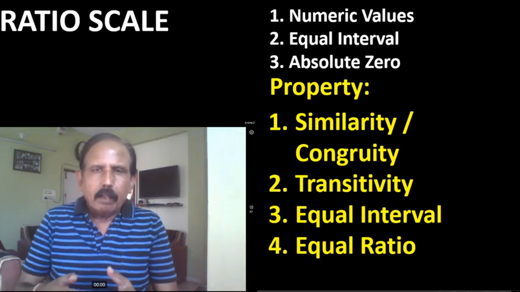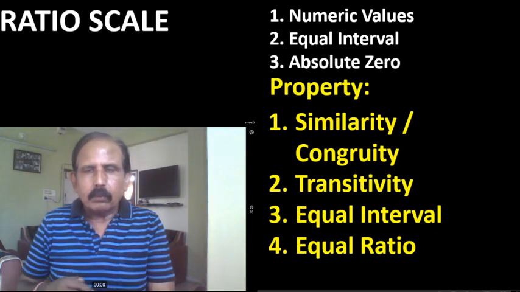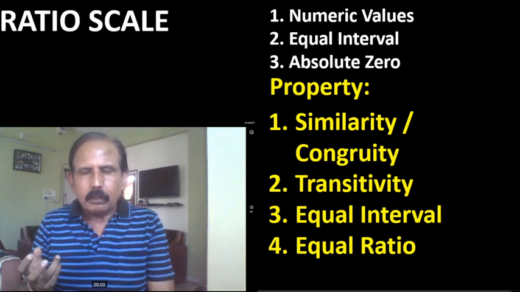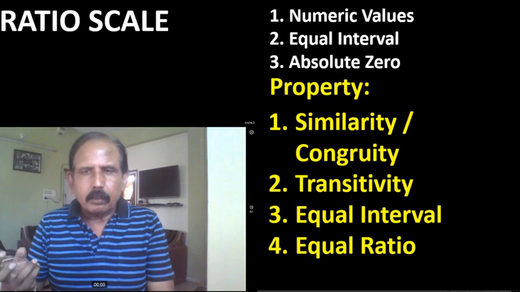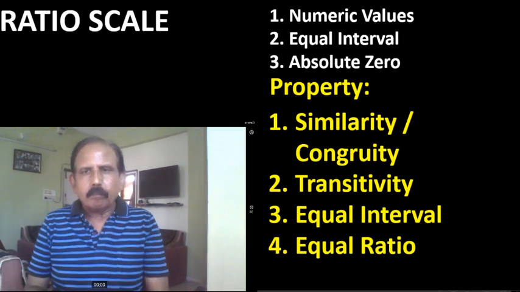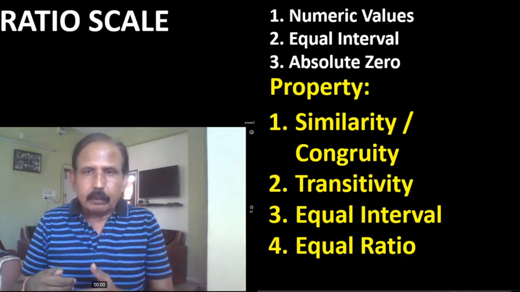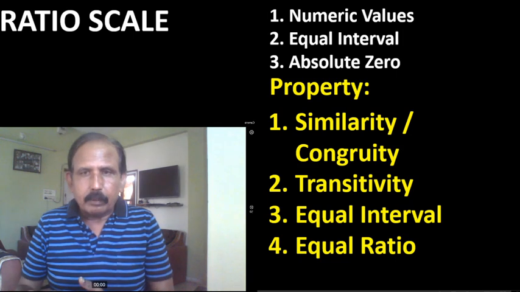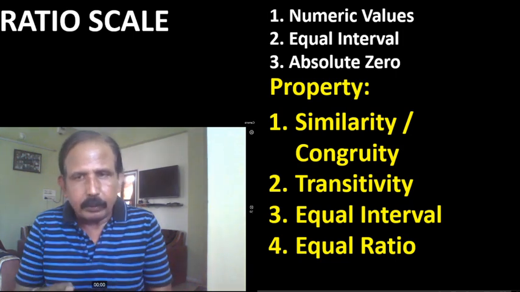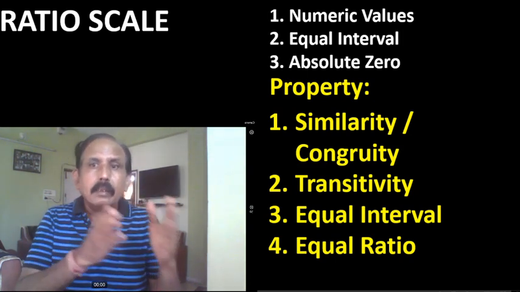In this way, the ratio between any two numbers and the ratio of the intensity of characteristics corresponding to those two numbers will be equal. Here we can say the weight in the second vessel is double the first one. That we can't say in interval scale.